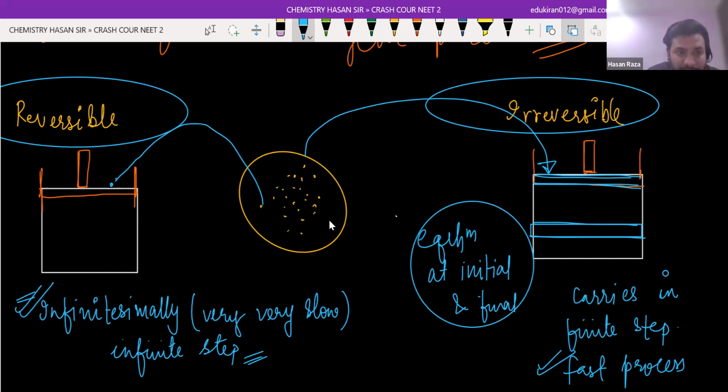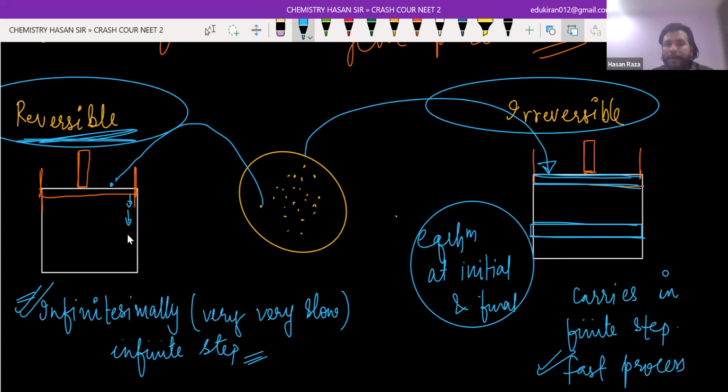But in a reversible process, what will happen? If you pick 1,000 or lakhs of particles of sand, what will happen when it moves towards the bottom, or when it starts pressurizing the piston? You will not be able to find out when it moves this much downward, because it is very, very slow.